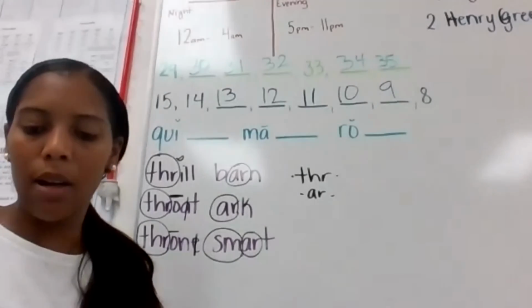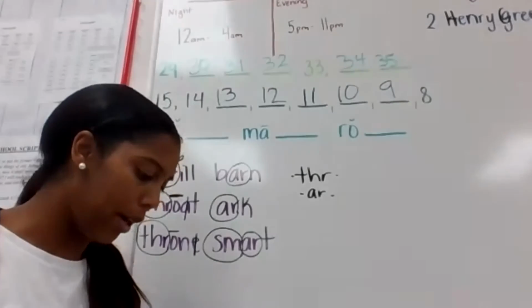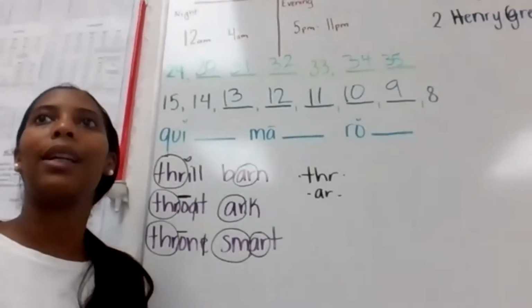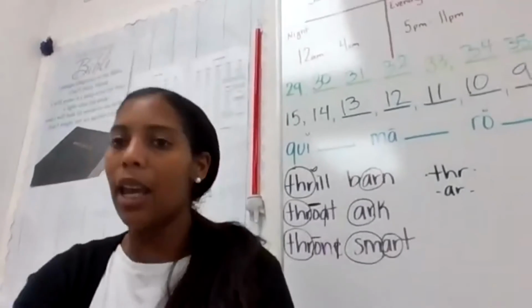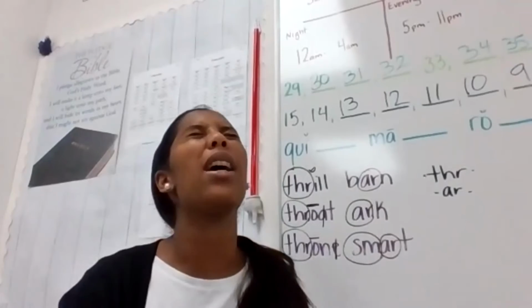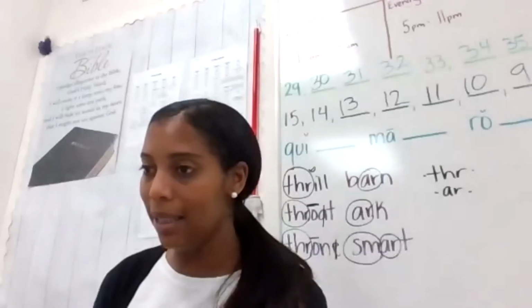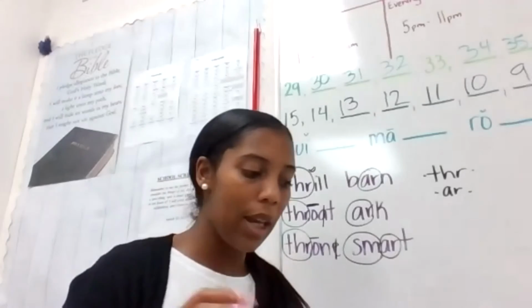Okay, so I'm gonna call out a word. Let's see if you can give me a rhyming word for that word. Okay, so I have the word can. What are some words that sound just like can? Now remember, when it rhymes, it's the ending sound that's the same.